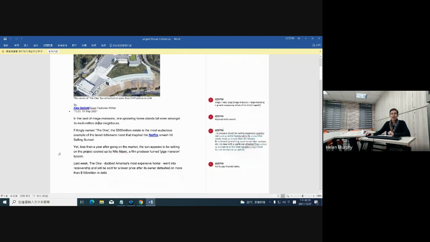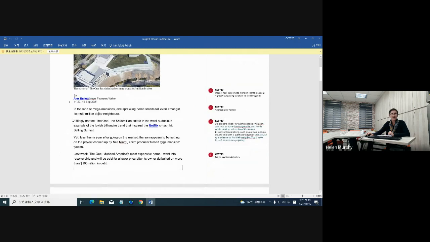Okay, now the second sentence says, fittingly named The One, the $500 million estate is the most audacious example of the lavish billionaire trend that inspired the Netflix smash hit Selling Sunset.